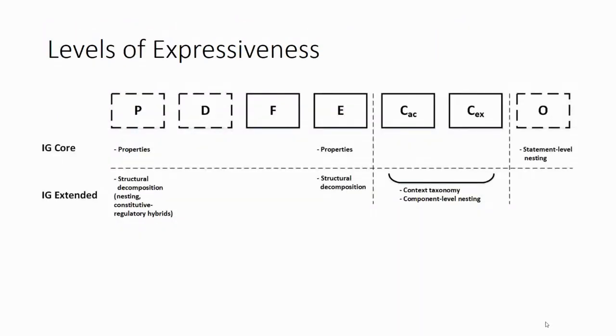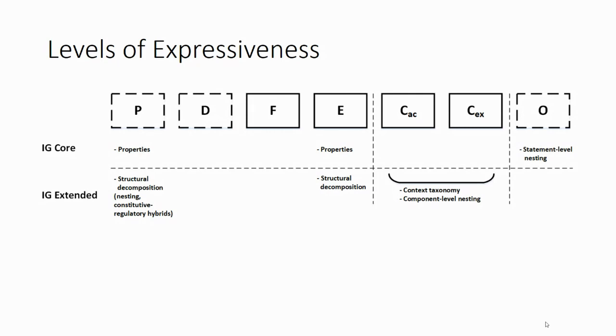Coming back to IG Extended in the context of constitutive institutional statements, then more generally, what are the revisions that we need to consider? And we propose a selection, specifically two that we want to highlight, centrally focusing on the structural decomposition of particular components. Here, particularly the constituted entity, but more immediately, and that's something we will explore in the following slides, is the structural decomposition of the properties, as we just saw in the earlier motivation.